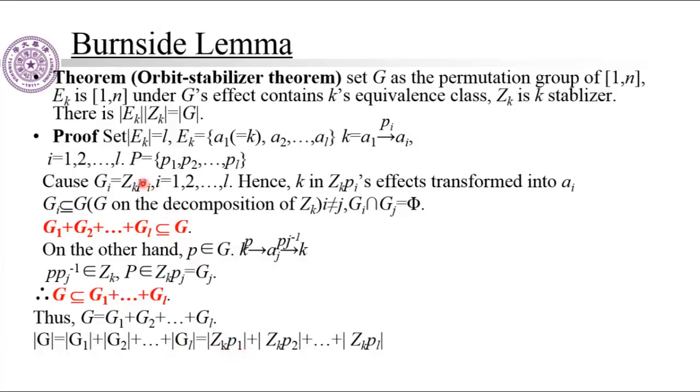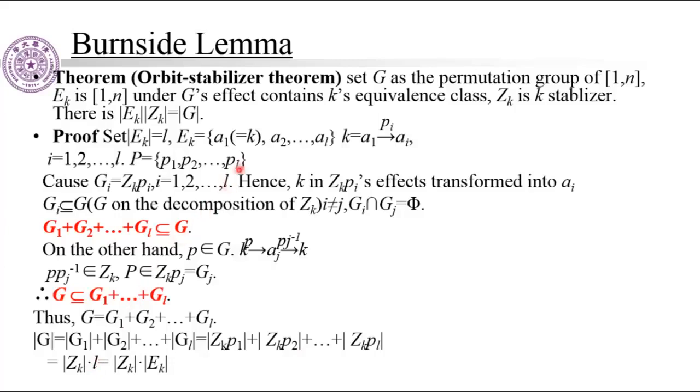Correspondingly, G2 should be equal to Zk multiplied by P2. Continue adding up until Zk multiplied by PL. We know that there should be L different values, whereas the number of each item should be equal. Therefore, its number should be equal to the number of Zk multiplied by L.